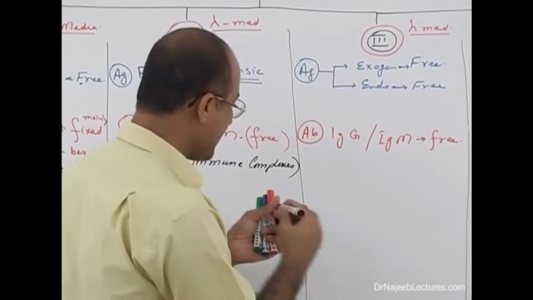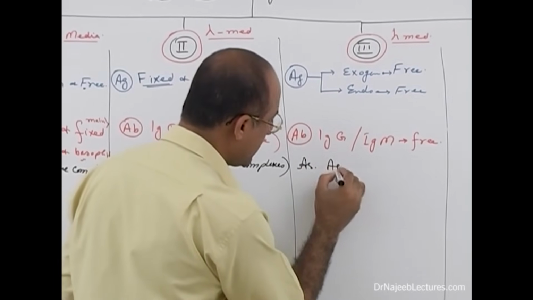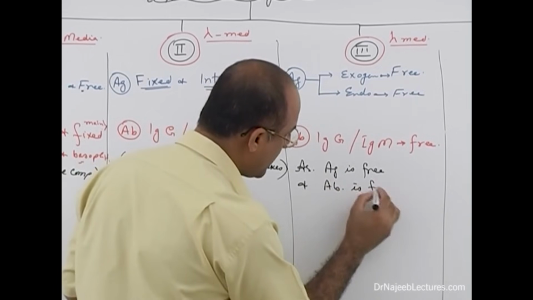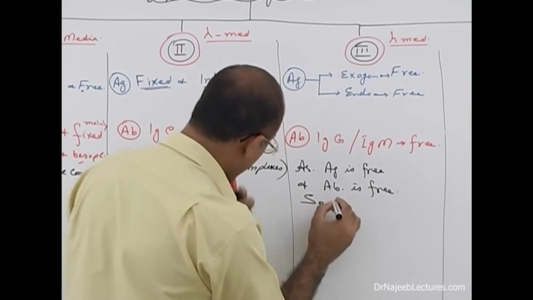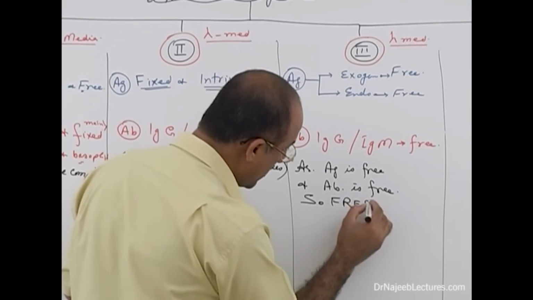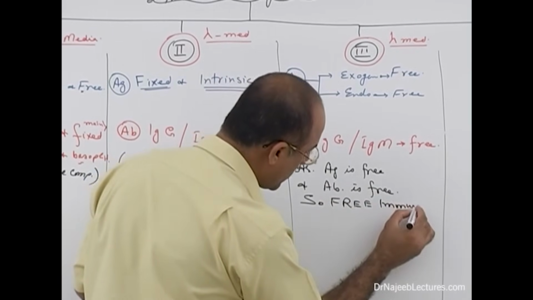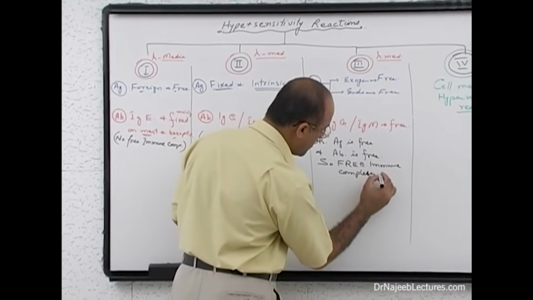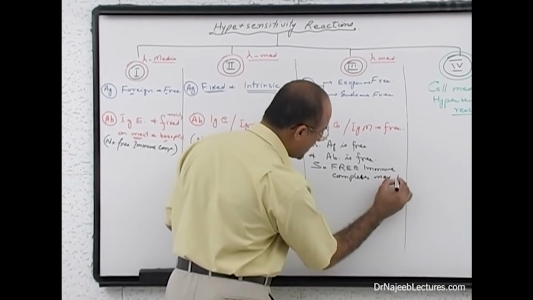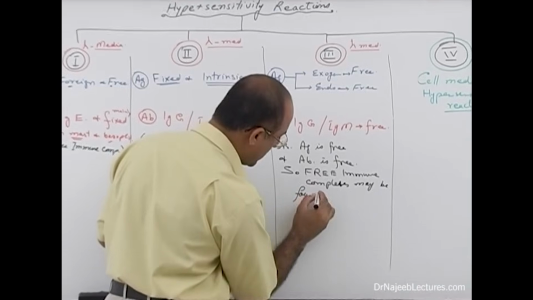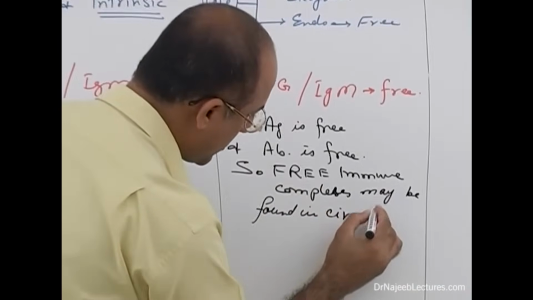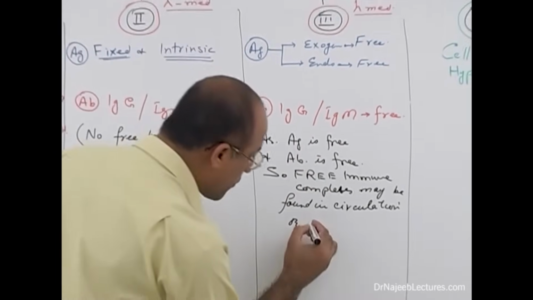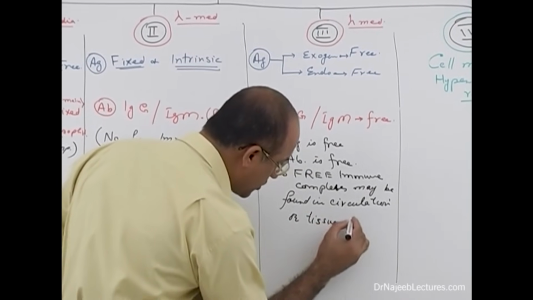So as antigen is free and antibody is free, free immune complexes may be found in circulation, or in tissue fluids if the reaction is local.